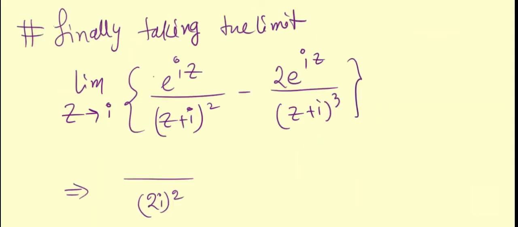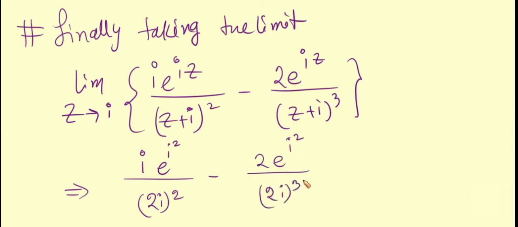So yeah, there will be i over here. So this is i, and after evaluating the limit, this will be e to the power i squared, because i times i, minus 2 e to the power i squared, and you will have a (2i) whole cube over here.